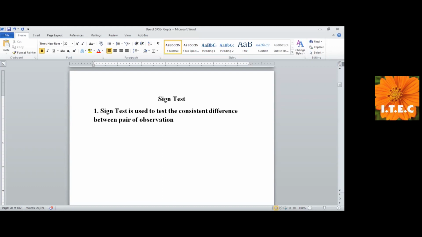And that is why it's a pair. So I become my own pair. Pair of observations. So there must be a consistent difference between the pair of observations. This is what is more important.